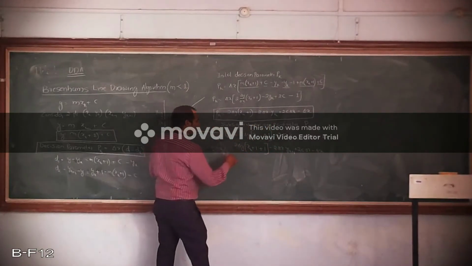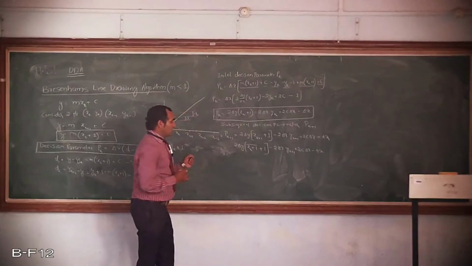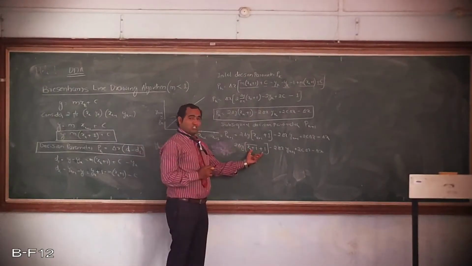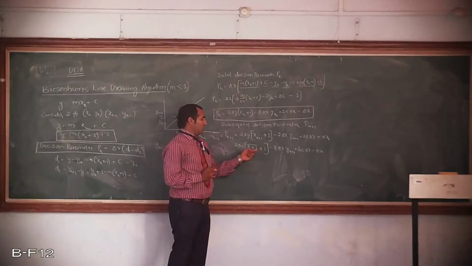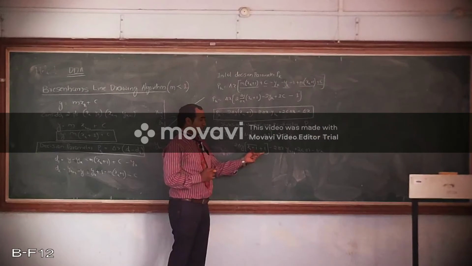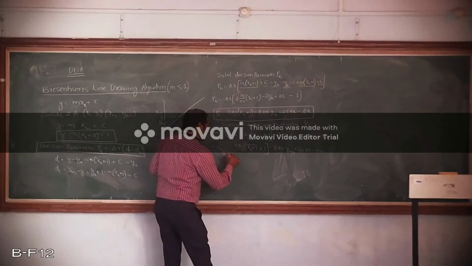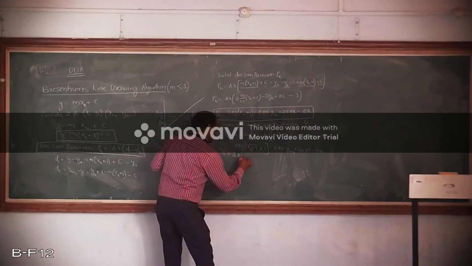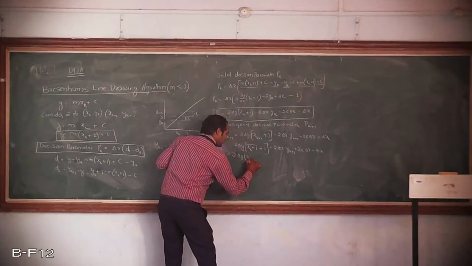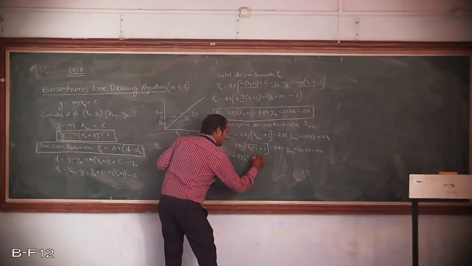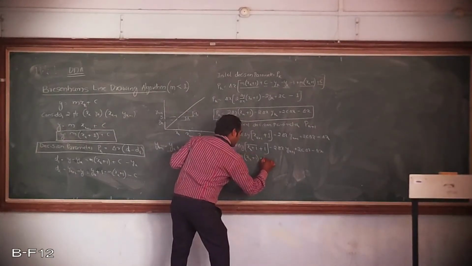Okay, just simplifying this, there are 3 terms here. I will take 2 terms and split them as one term and another term. So multiplying this 2 delta y into this term, take it as a and this as b, plus 2 delta y.